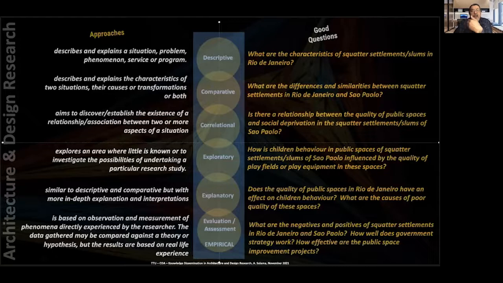Correlational research aims to discover or establish the existence of a relationship between two or more aspects of a situation, and then it has a corresponding question, and so on and so forth. So these are really important to consider when developing research projects and research proposals, and also when developing dissemination plans, because the nature of the questions determines the type of audience, and I'll come to this later.